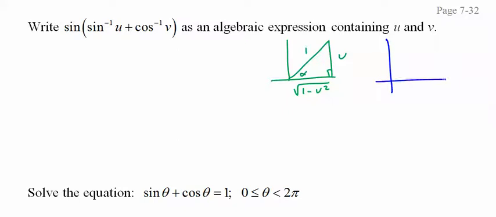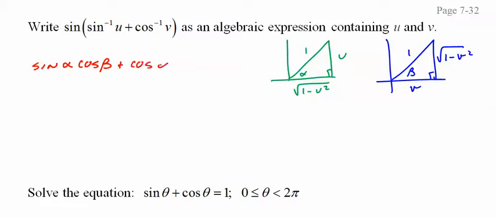And the other side is cosine of b. So I'll call this my beta. V over 1, so the other side is square root of 1 minus v squared. And then it's sine, so it goes sine alpha, cosine beta, same sign, cosine alpha, sine of beta.